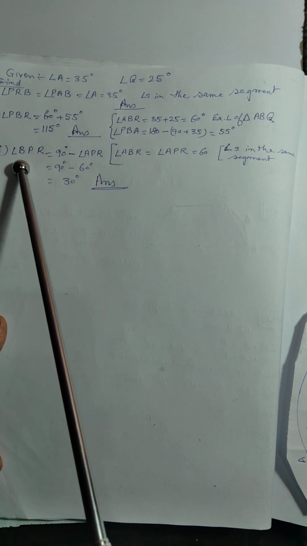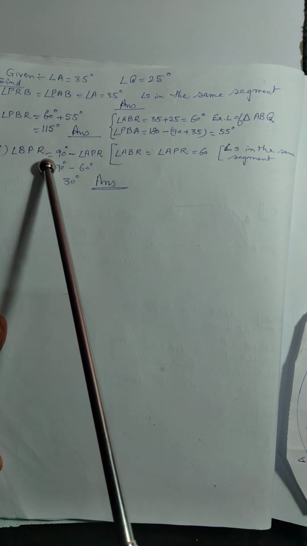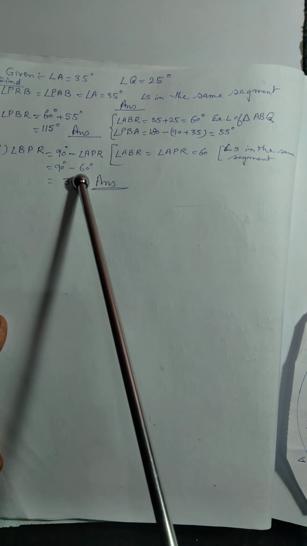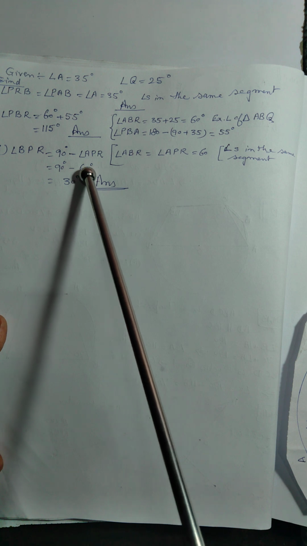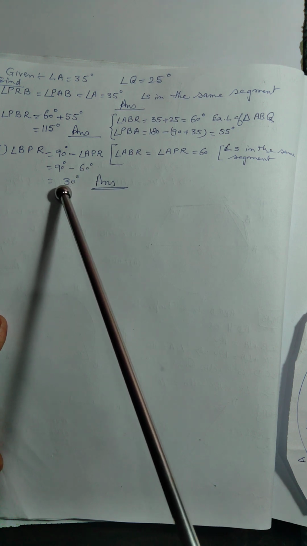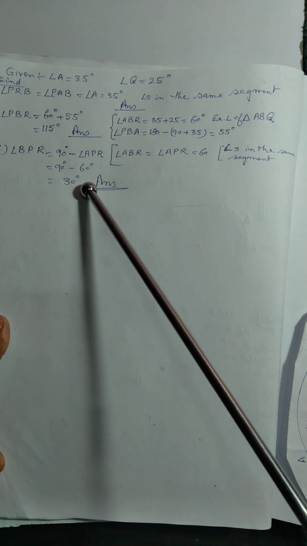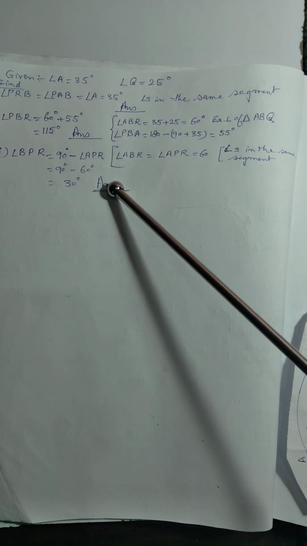Now the third part, BPR, that is 90 minus APR. How much is our APR? 60 degrees. That is 90 minus 60, that is 30 degrees. In this way, this question is completed.